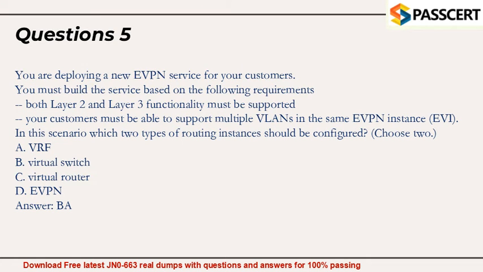Question 5. You are deploying a new EVPN service for your customers. You must build the service based on the following requirements. Both Layer 2 and Layer 3 functionality must be supported. Your customers must be able to support multiple VLANs in the same EVPN instance, EVI.